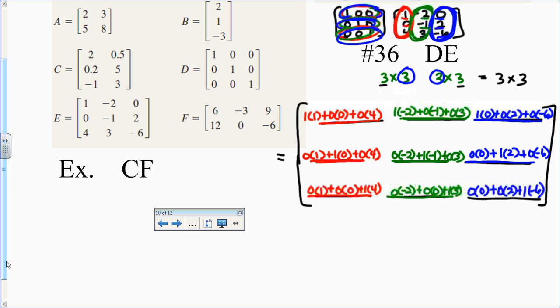All right. So then we simplify. So 1 times 1 plus 0 plus 0 is 1.